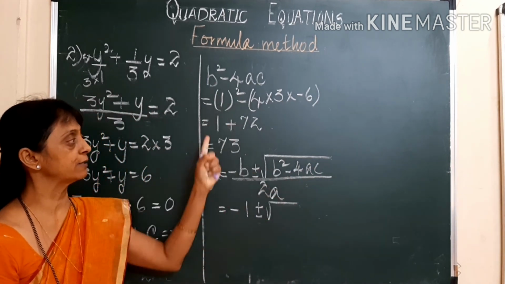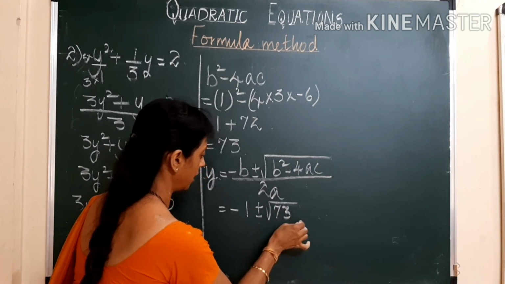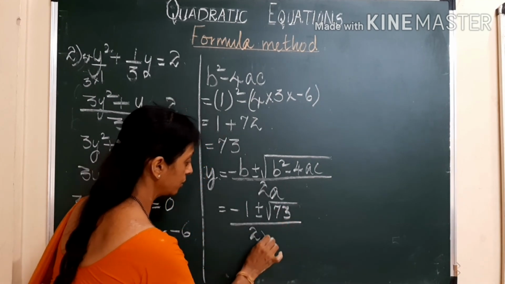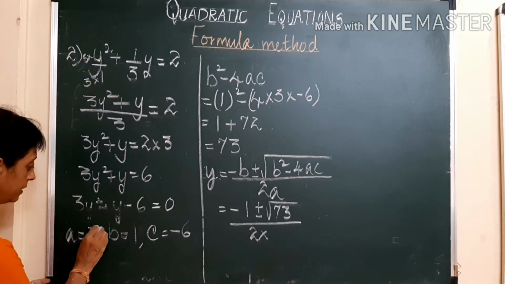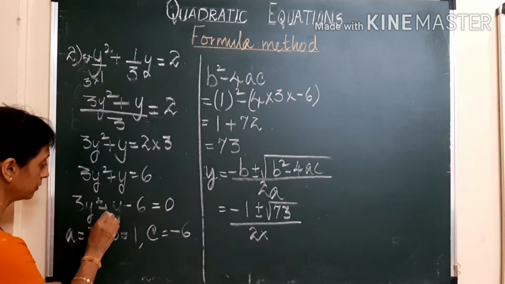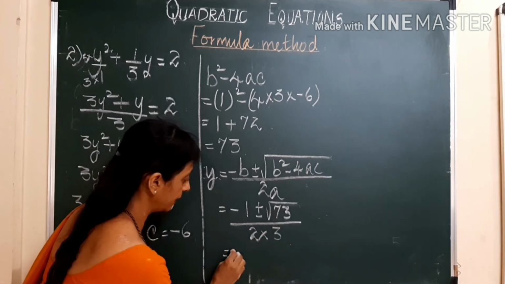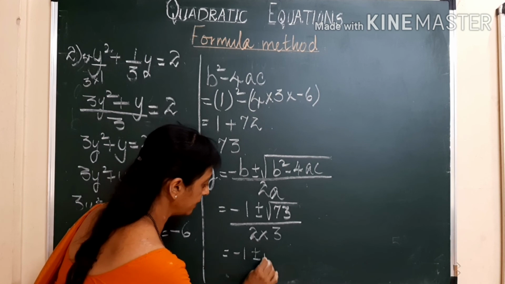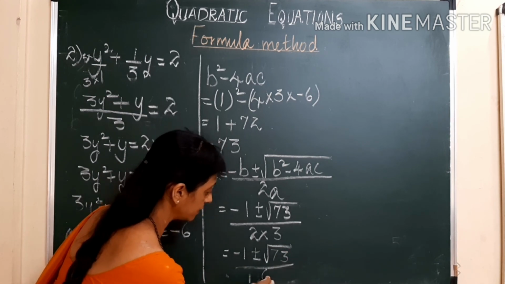Yes, b square minus 4ac, the answer was 73, upon 2 into the value of a, which is equal to 3. So over here we get minus 1 plus or minus square root of 73 upon 6.